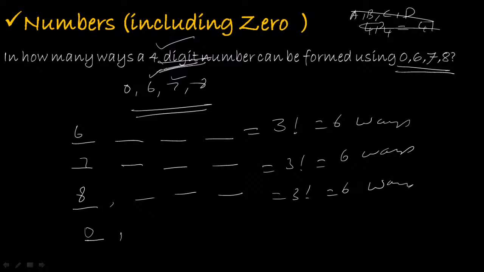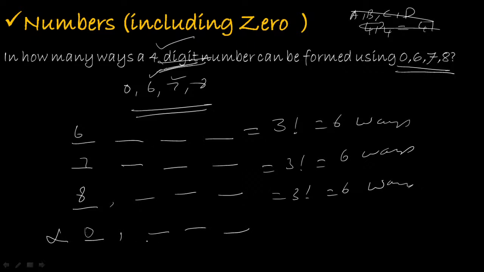If I take 0 at the first position, what happens? For the remaining 3 positions, shall we proceed as we did for 6, 7, 8? No, you can't do it like this. If you take 0 at the first position, the 4-digit number becomes a 3-digit number. Am I right?